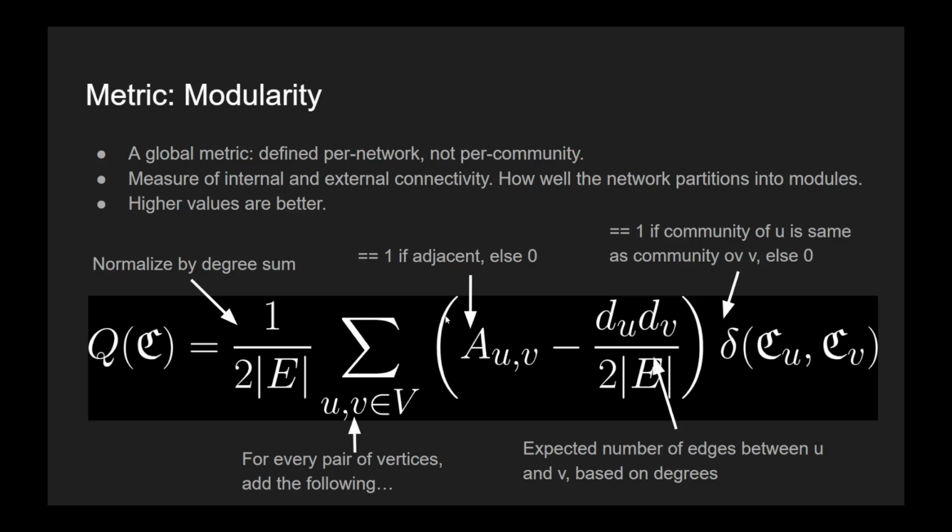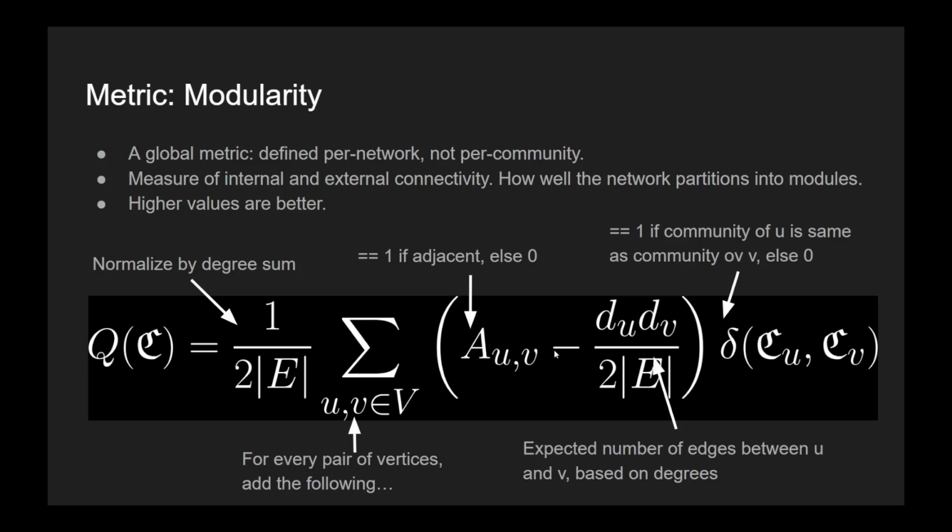So what this is going to sum up is the following. It's going to be whether the 2 nodes are connected. This is a 1 or a 0. So this is a term for the adjacency matrix between node U and V. So that's going to be a 1 or a 0.